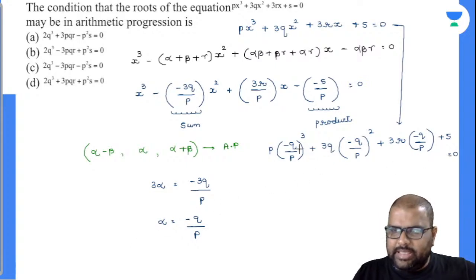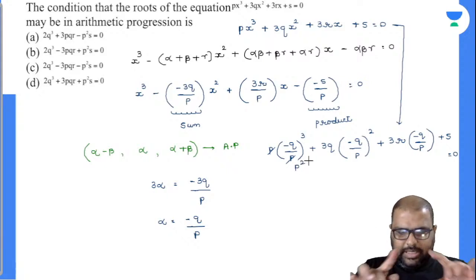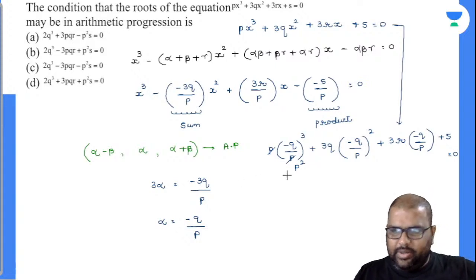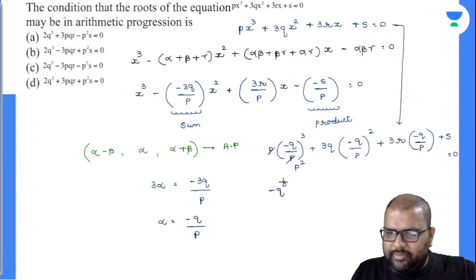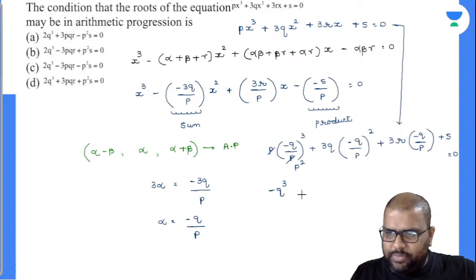So finally see here, 1p and 1p get cancelled, p square will be left over. In the denominator p square is common. So can I take it down like this? Minus q into minus q into minus q will become minus only. So this will become minus q cube, denominator p square. Now see here also p square only.